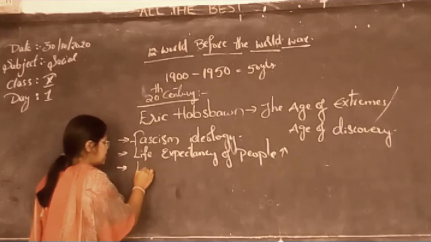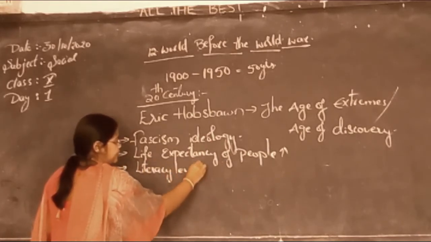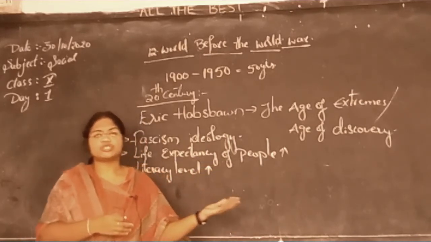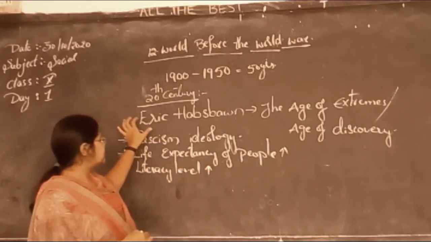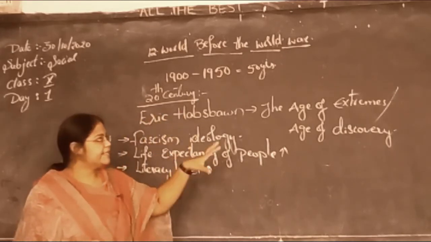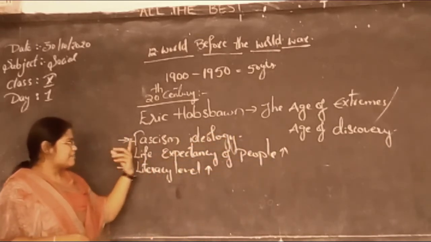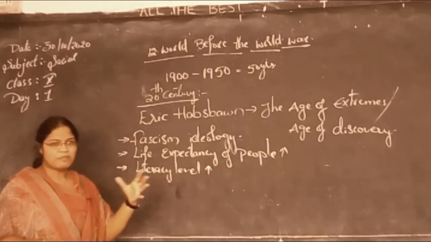Most of the people became literate; before that, most of them were illiterate. That's the reason Eric Hobsbawm calls it the age of extremes or the age of discovery. So fascism is an ideology of a negative mindset.